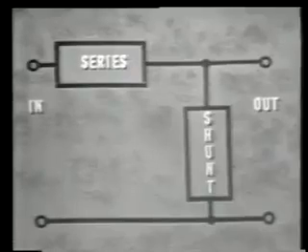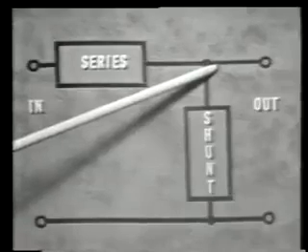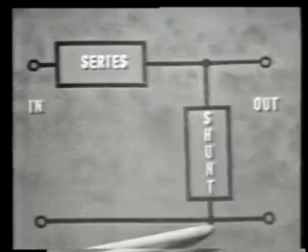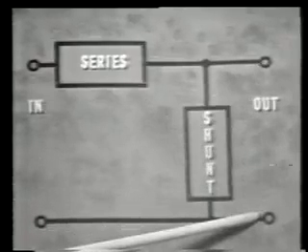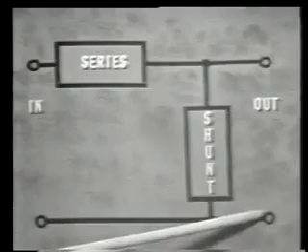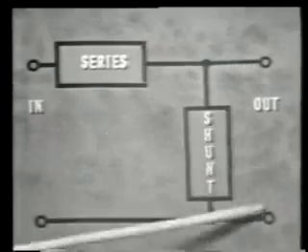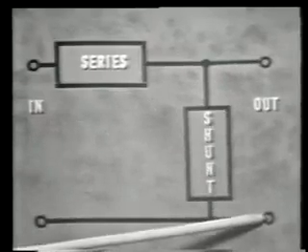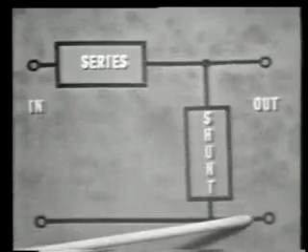Now, in this circuit, total current will always pass through the series component. However, only part of total current passes through the shunt component, the rest going through the load impedance. The important point to note in this arrangement, though, is that the output voltage is the same as the voltage across the shunt, because they're in parallel.